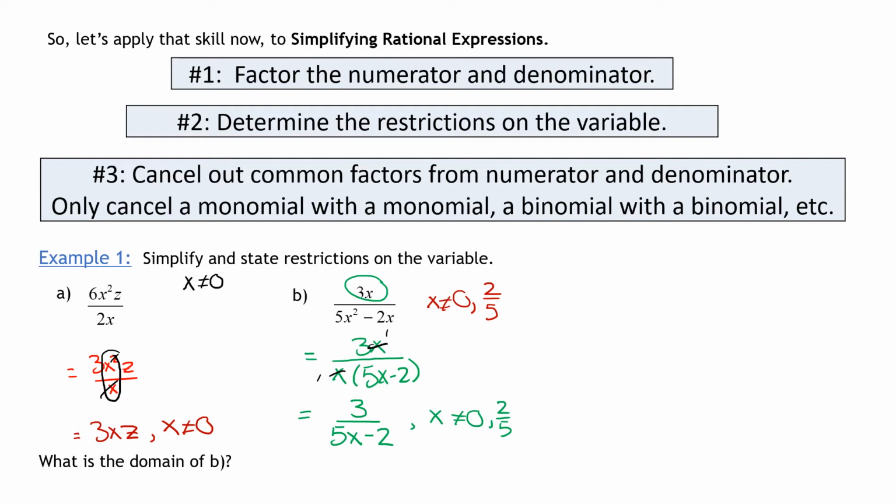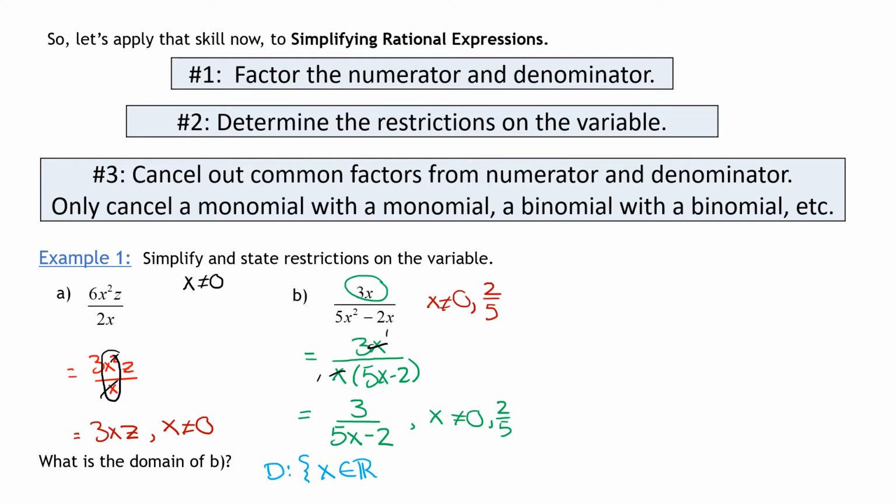What is the domain of B? The one we just finished. What is a domain? So we're going to tie this into chapter 1 a bit. So the domain is, because we will eventually be graphing these, x is an element of real numbers. Don't worry though, we're actually not graphing them until next year, but we're going to just talk about characteristics this year.